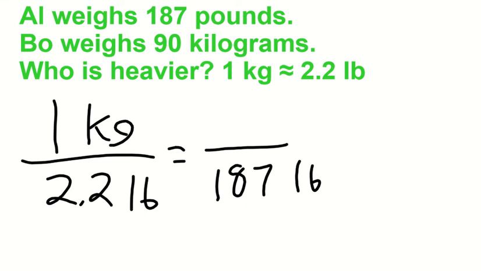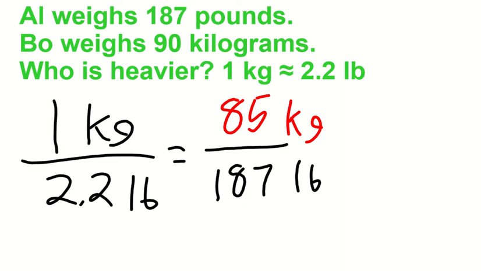All right, so when you're cross multiplying, you've got 187 times 1, you divide by 2.2, and what does that give you? 85 kilograms. So that is Al's weight in kilograms. Based on that, Bo weighs more by 5 kilograms.